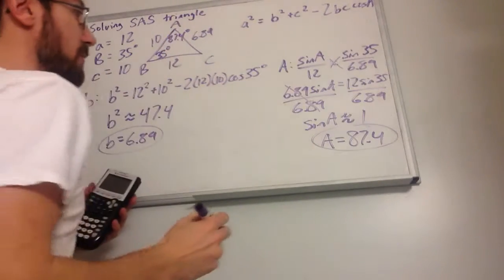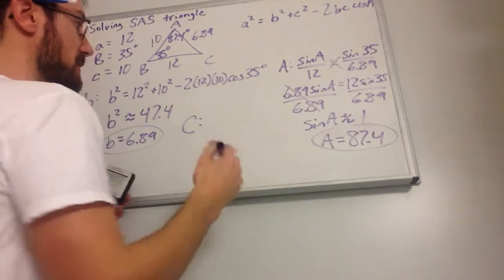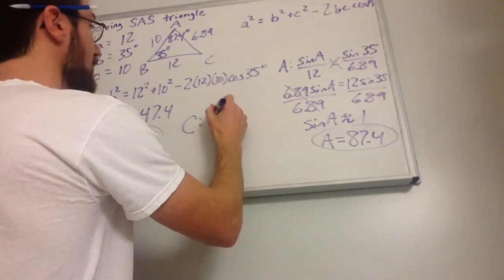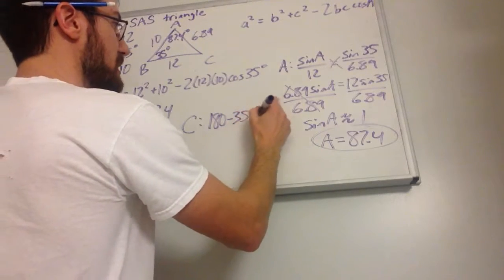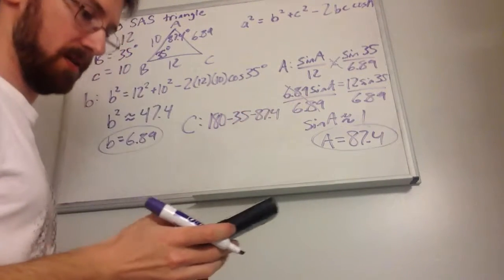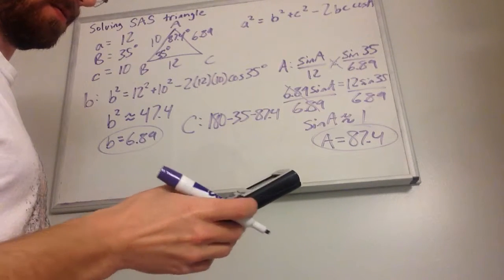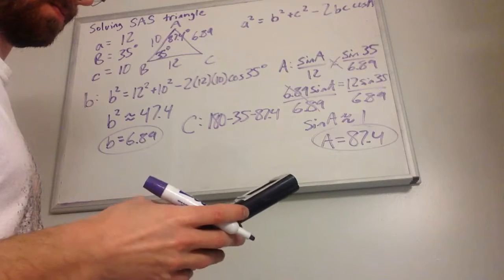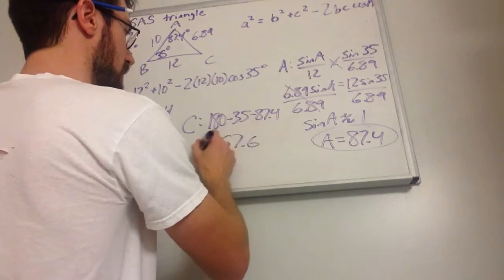Now, for our last angle, angle C, we just have to subtract the two from 180 degrees, so 180 minus 35 minus 87.4, and that is 57.6 for angle C.